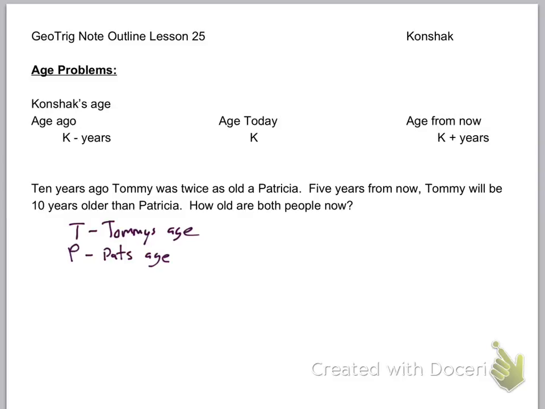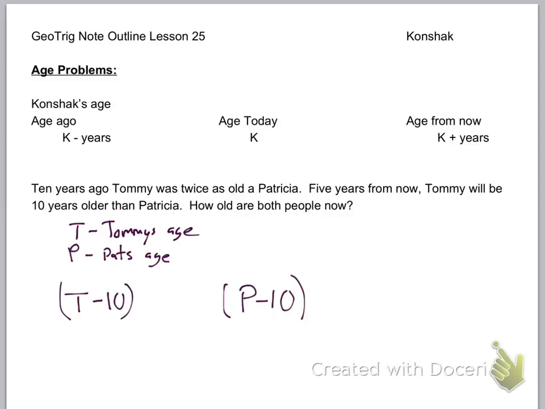That first sentence is the first equation. What is it? 10 years ago, Tommy was twice as old as Patricia. T minus 10, Tom's age.